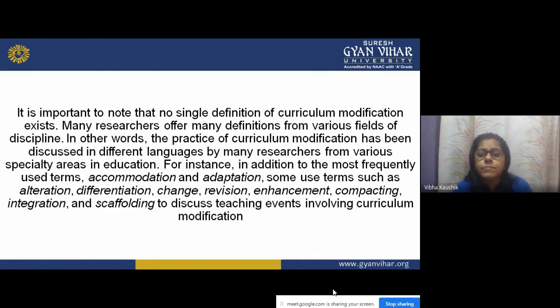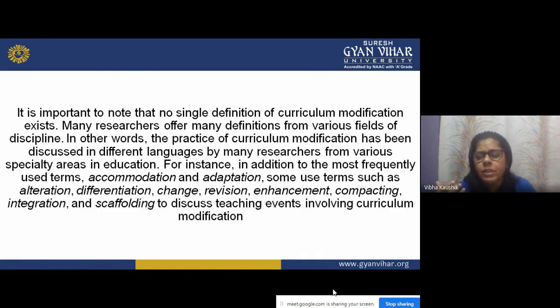For instance, in addition to the most frequently used terms, we are more focused on the terms most frequently used for clarifying the meaning of curriculum modification and enhancement: accommodation, adaptation, and some use terms such as alteration, differentiation, change, revision, enhancement, competency, integration, scaffolding to discuss teaching events involving curriculum modification.